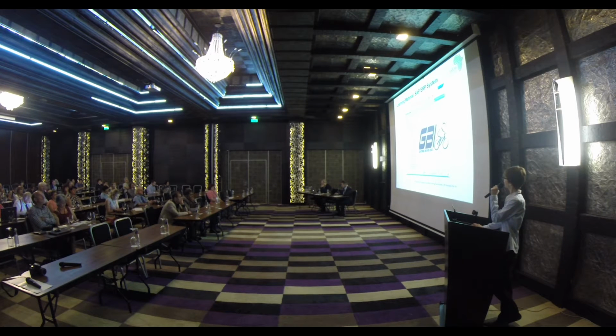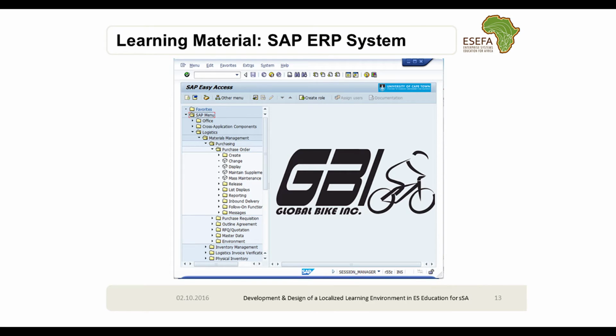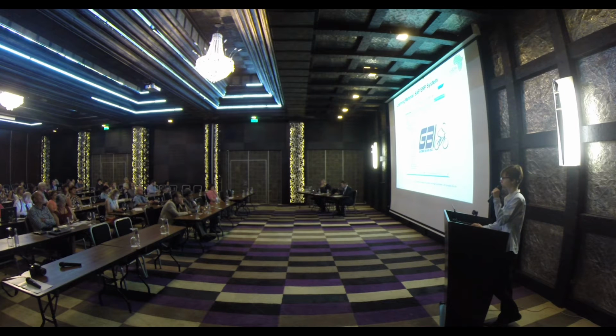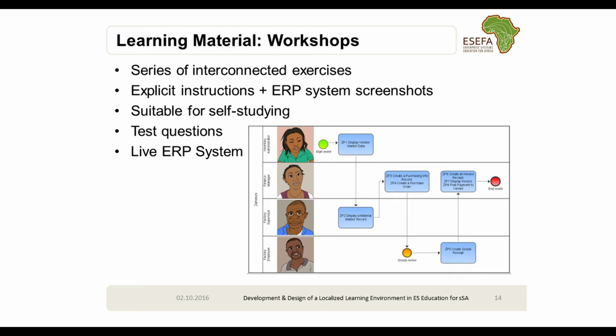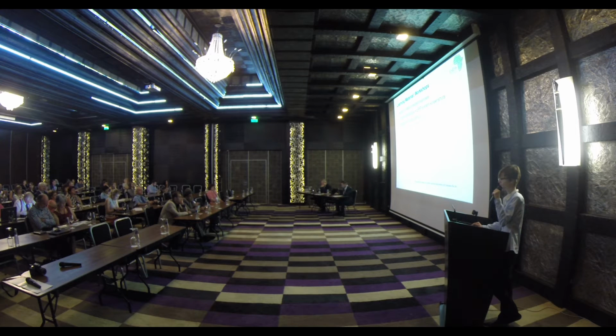And we work in a live ERP system during the lectures and also the workshops, which are a series of interconnected exercises. They give explicit instructions and also provide some ERP screenshots. They are suitable for self-studying. And at the end of each workshop, there are some test questions so the student can validate their learning success.